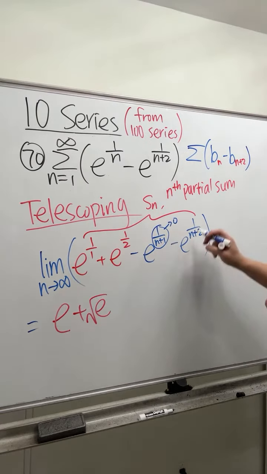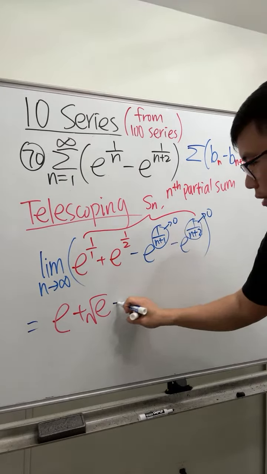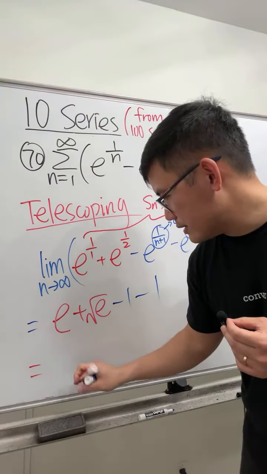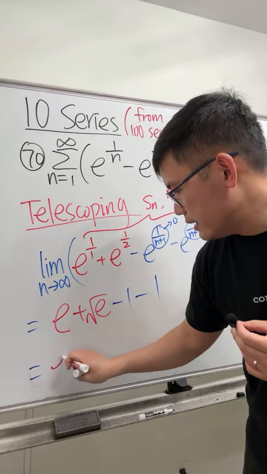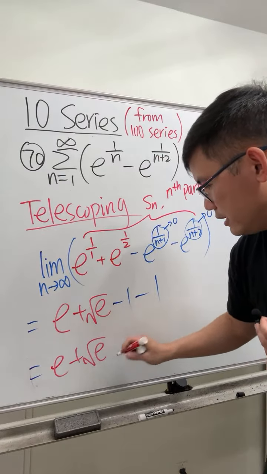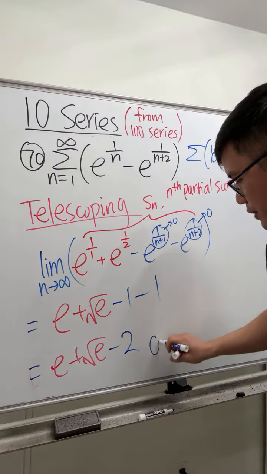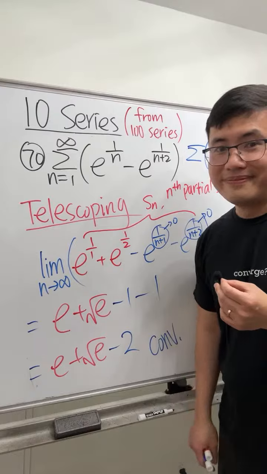Likewise, this goes to 0. E to the 0 is 1. E to the 0 is 1. So, final answer: we get e plus square root of e, and then minus 2. And of course, this converges because we end up with a finite value.